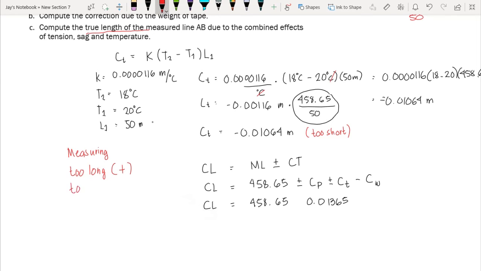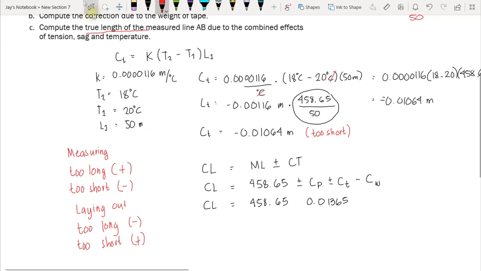For too short, we subtract the correction. Now for laying out, for too long, we subtract the correction. For too short, we add the correction. Since 0.01365, the correction due to pull, is too long, and our keyword is measuring, that is positive, so we use plus here.